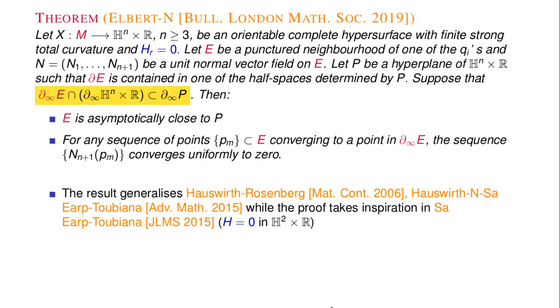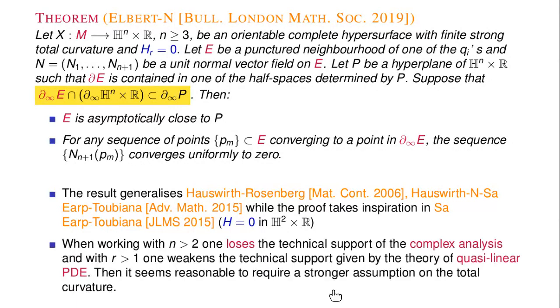And of course, it's completely different because when you work with n larger than 2, one loses completely the technical support of the complex analysis that was very heavy in the proof for minimal surfaces in H^2 x R. And working with r larger than 1, you also weaken the technical support given by the quasi-linear PDE.